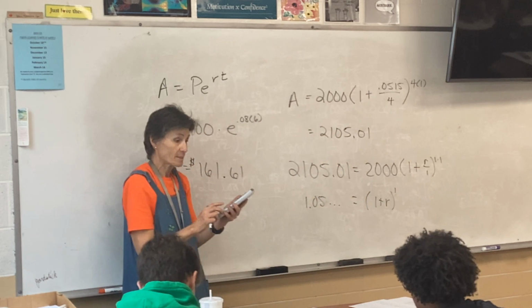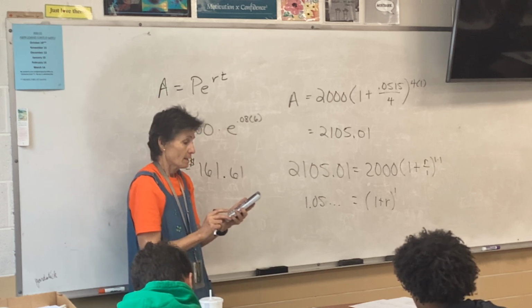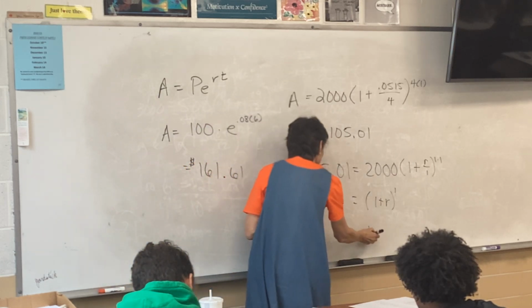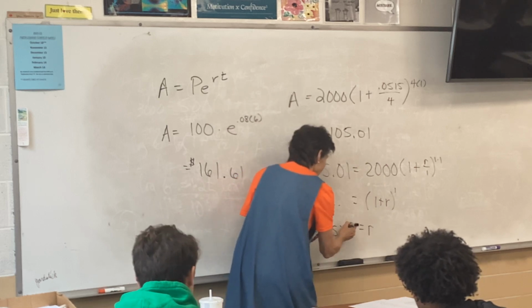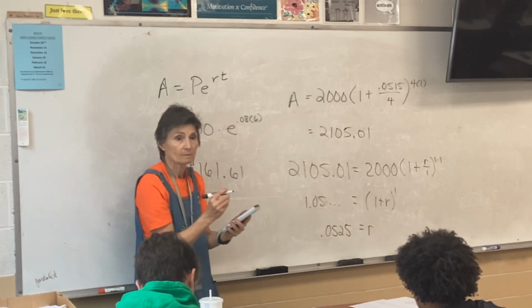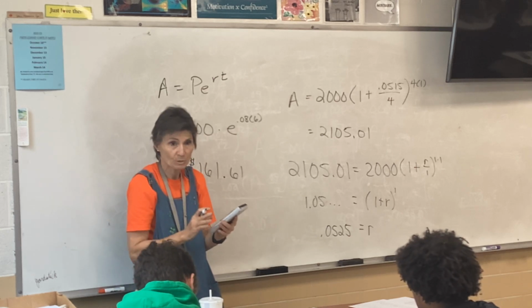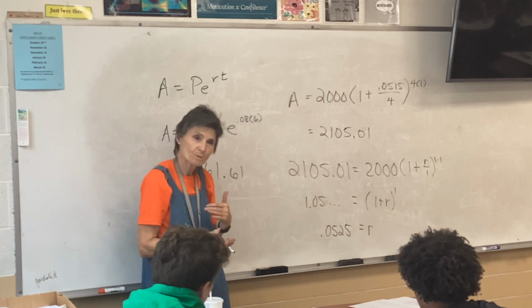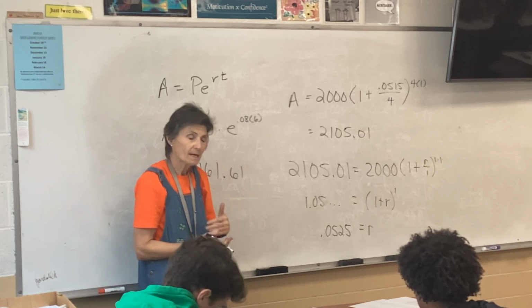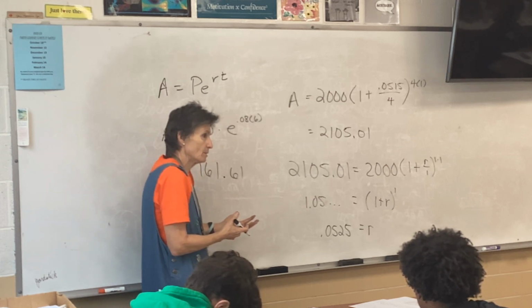So don't I just subtract 1? And my interest rate is 0.0525 or 5.25%, which is higher than what the bank told her she was getting, because that compounding increased her yield.